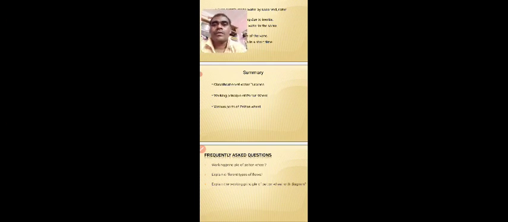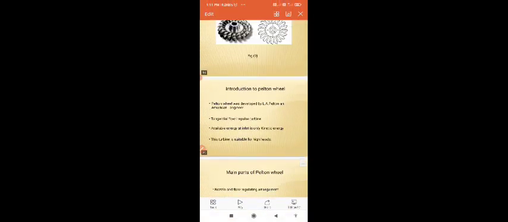Sixth point, the runner is completely immersed in water. Seventh, flow regulation is always accompanied by loss. Eighth, suitable for low heads and high discharge. And the speed of this turbine is more compared to the impulse turbine. These are the main differences between impulse and reaction turbine.